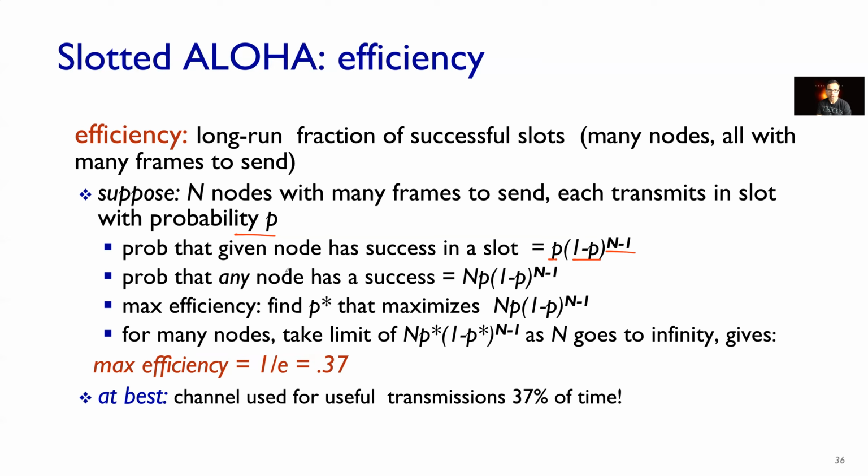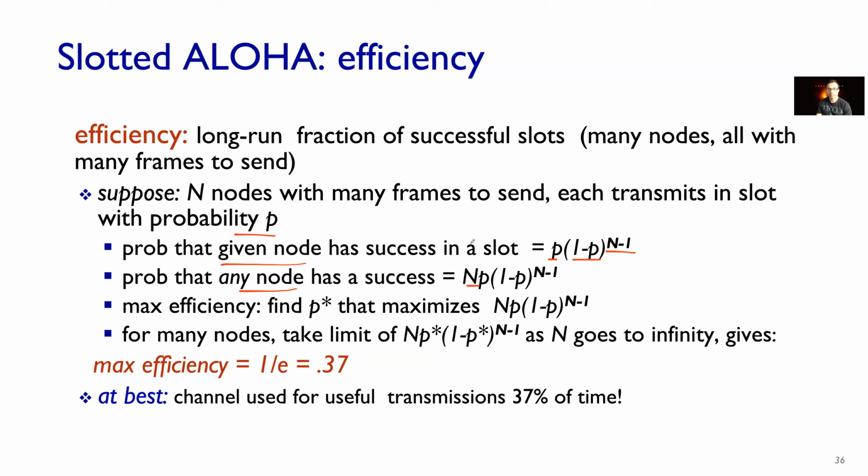Now this is for one node, right? But for a successful slot, we basically have to look at any node, right? Any node might be successful. And since we have n nodes, and this is the probability of one node being successful, n times this will be the probability that any node is successful in a given slot, right?